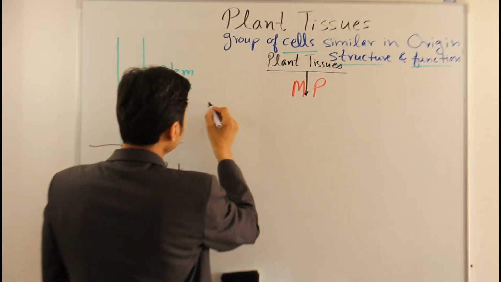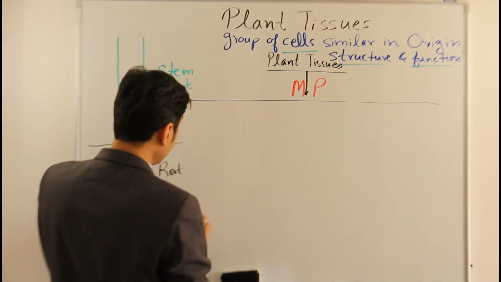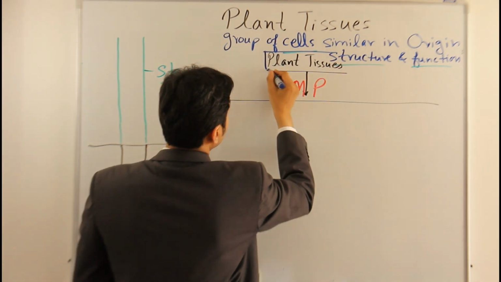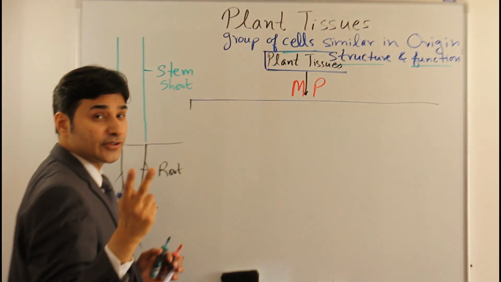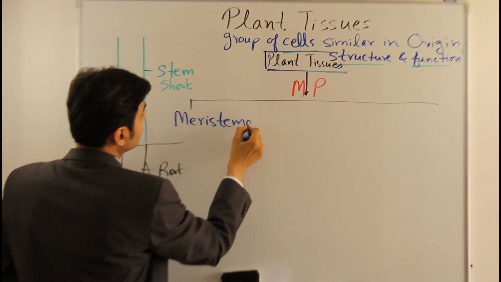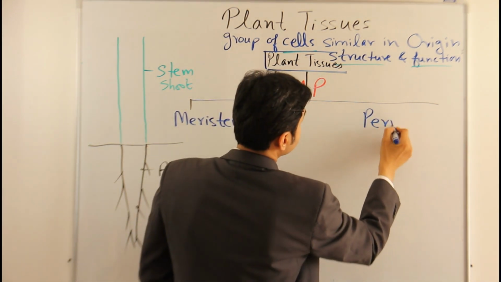M means meristematic and P means permanent.